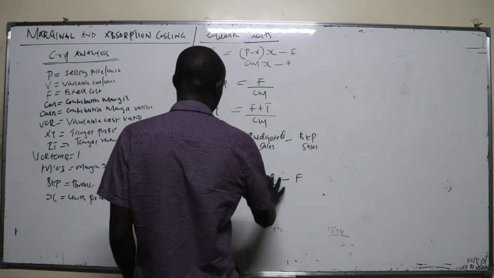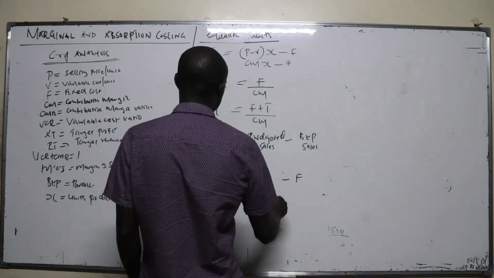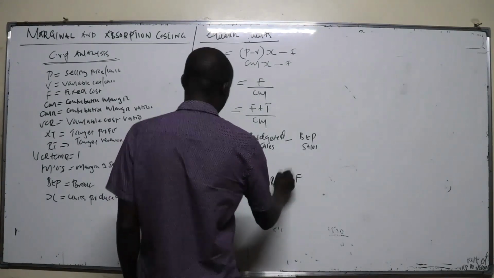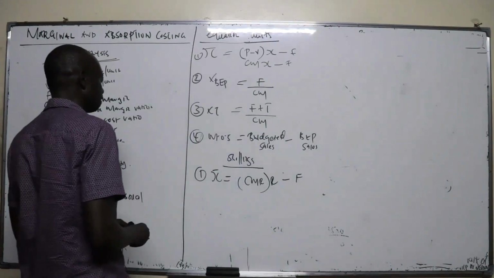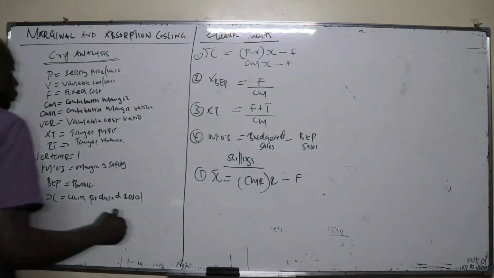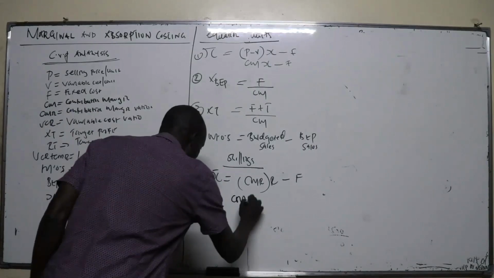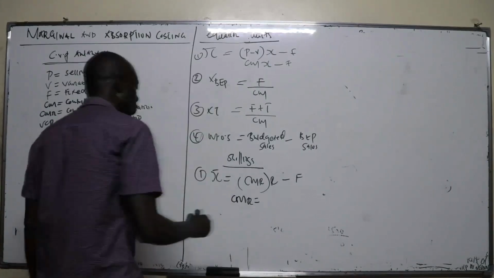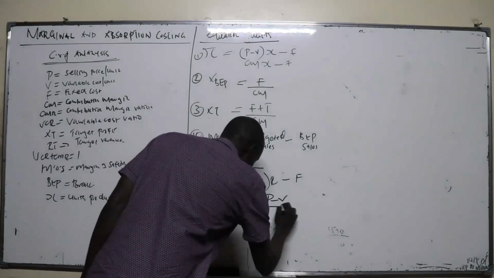CMR is the contribution margin ratio, which is P minus V over P.